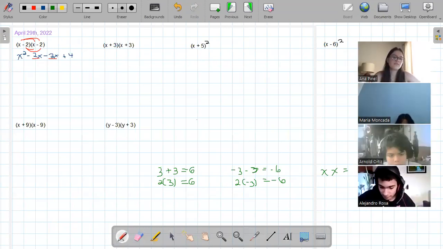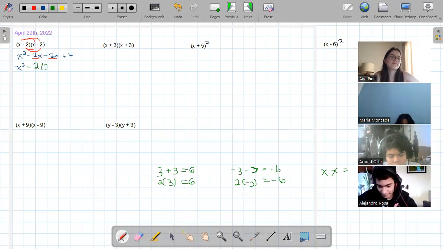Well, we're going to do the same thing. We're going to do this extra step that is not necessary, but right now I want to do it that way. So I'm going to say x squared. Since I'm taking out the negative, I'm saying minus 2 inside the parentheses.